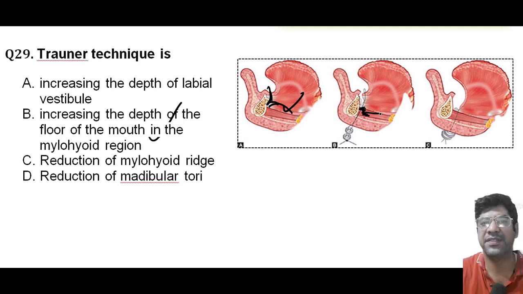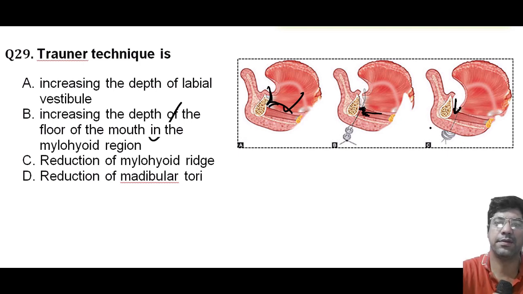Once the mylohyoid muscle is identified, it can be separated from its attachment and repositioned or sutured to achieve the desired vestibular depth. It is done to increase the depth of the floor of the mouth. That is the Trauner technique. So option B is the answer of choice.